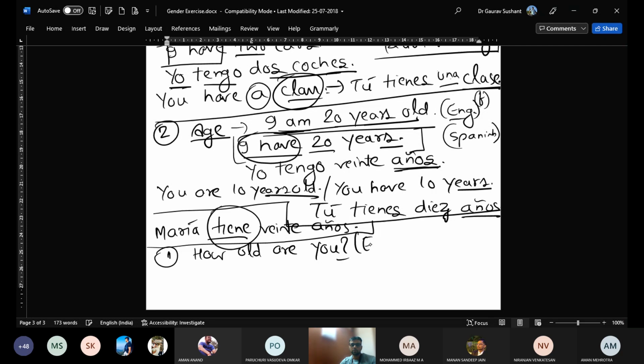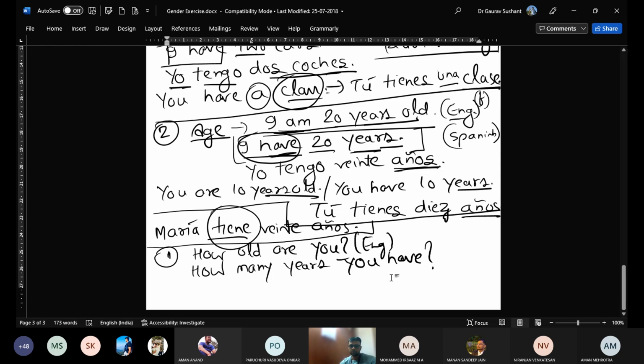In Spanish, more or less the same pattern is followed, but in the question form: how many years you have?